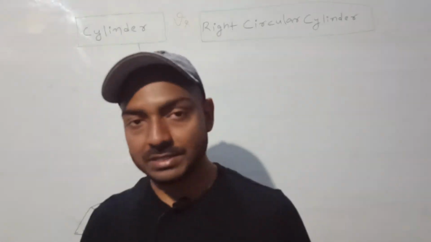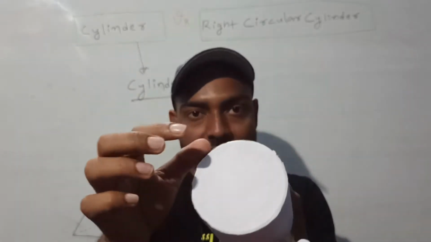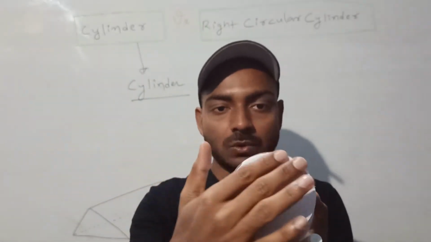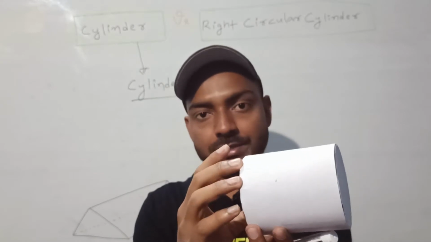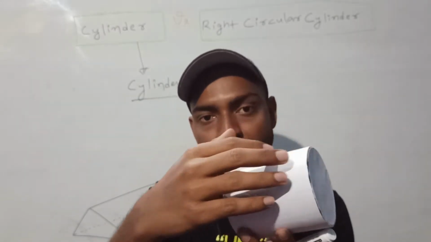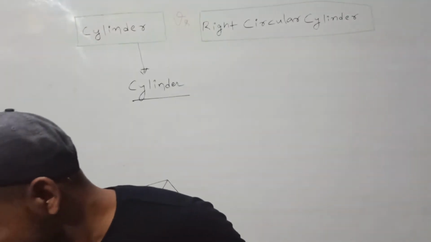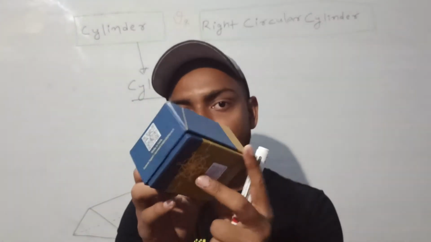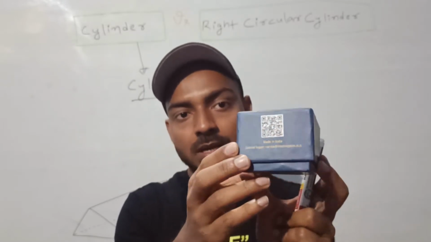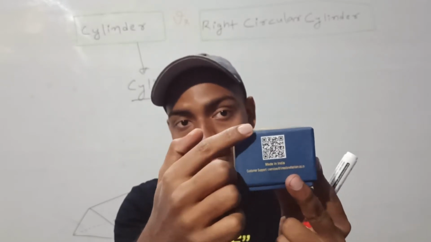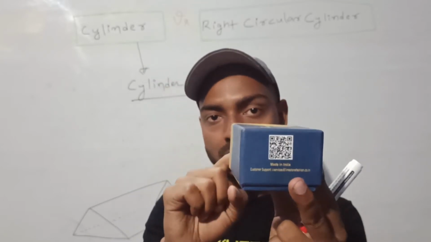If we consider this solid, then throughout its length the cross section is a circle of the same radius. That is, the cross section is uniform throughout its length. If we take this solid, then its cross section is a rectangle, and this dimension will be the same throughout the length of this solid.